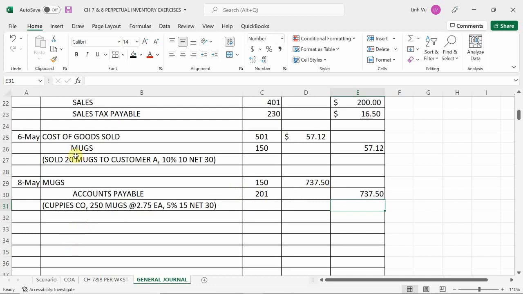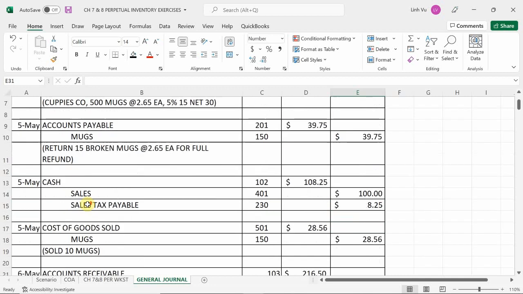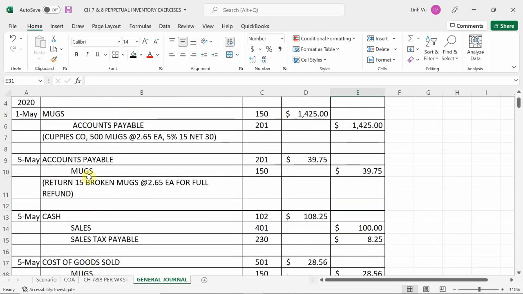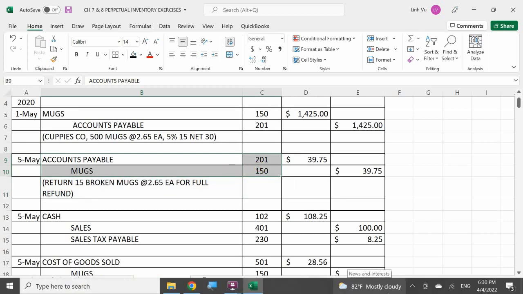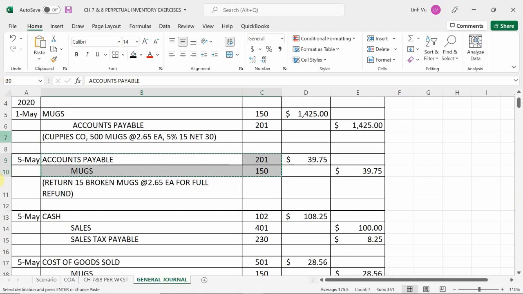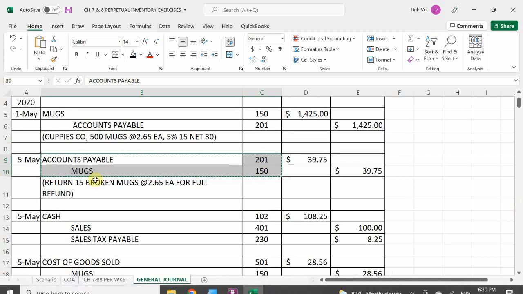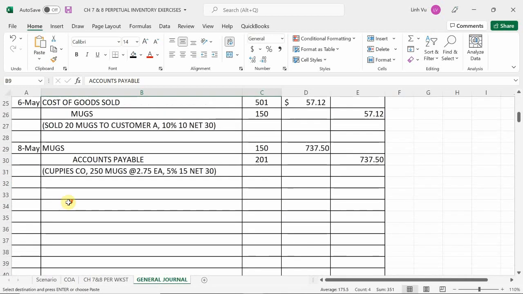And this is what I'm going to do. Since it's an allowance, same thing goes as well as this one. Because in this case, I don't have a purchase returns and allowance, I must take it out directly from my inventory because I didn't pay for 50 of those mugs for full price. I end up getting a discount on them.